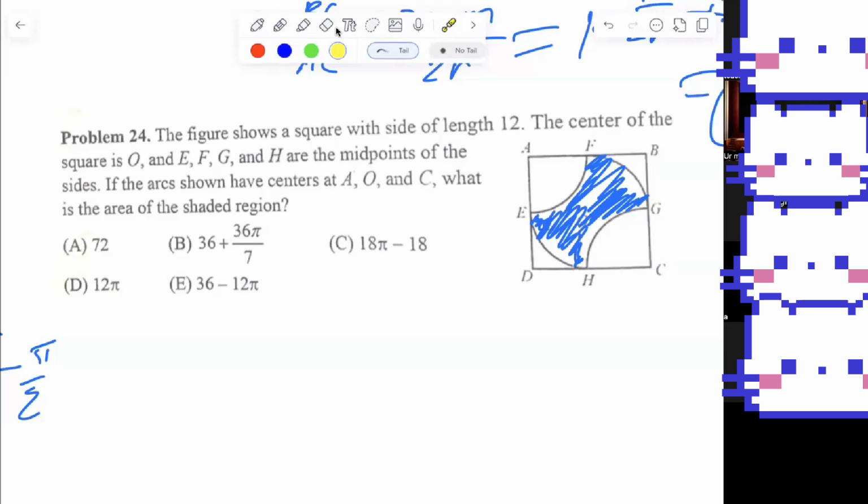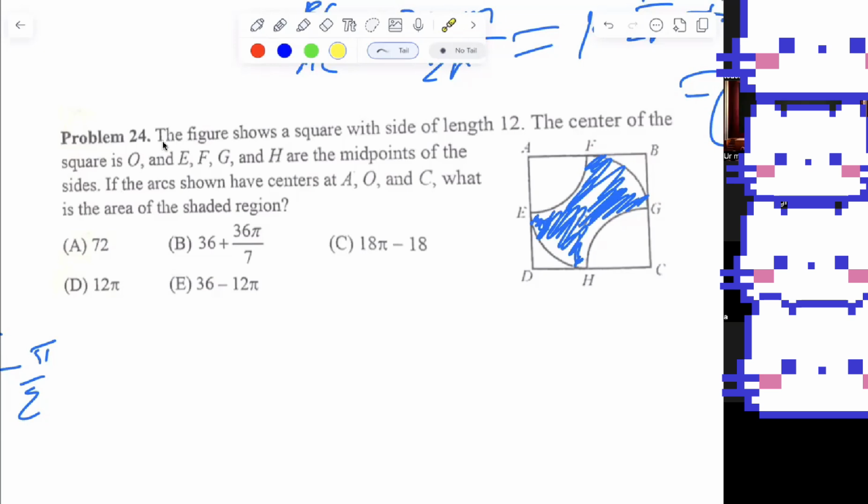So the answer was A, actually. So why was the answer A? It's because we can put this together with this, and then we can make a smaller square, half on the side and half on the other side.